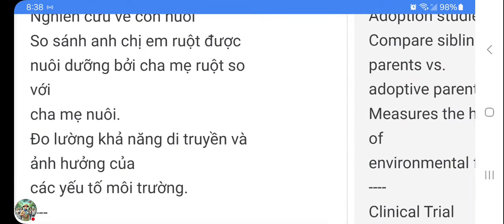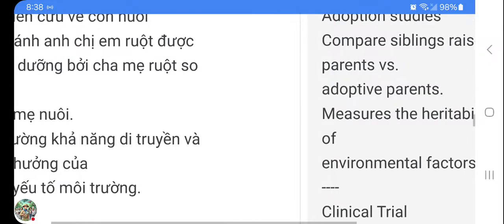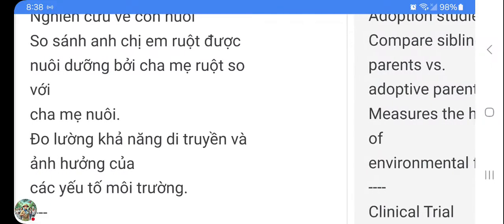They measure the same as the previous study type: the genes, which is heritability, and environmental factors affecting them. So with the children raised by biological parents compared with adoptive parents, you see if there is anything different or anything the same, something like that.